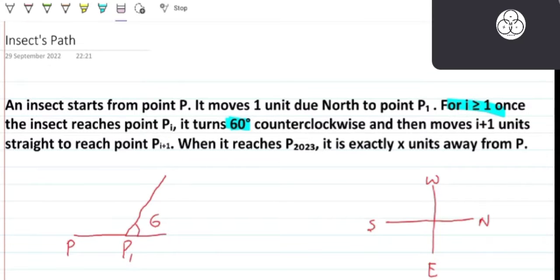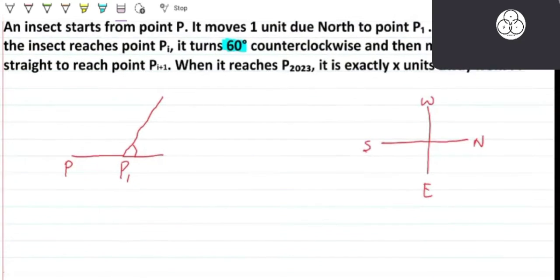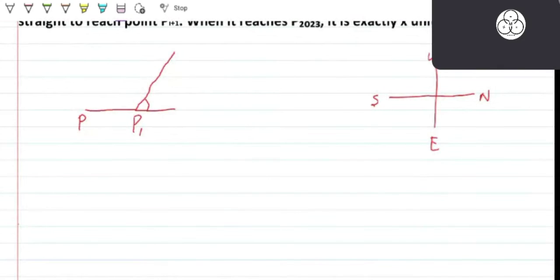Let me write it as pi by 3. I'll move on to this point P2, and the distance that I have traveled is 2 units.